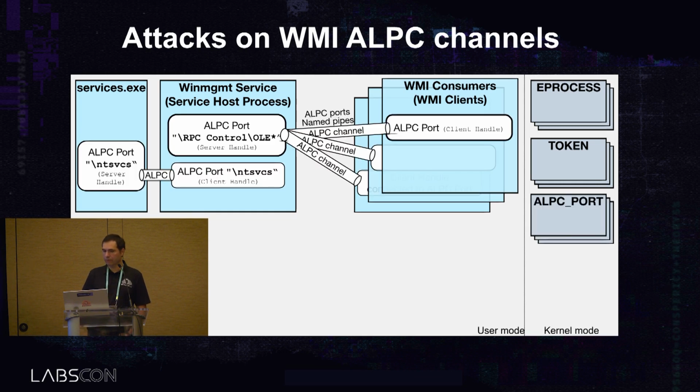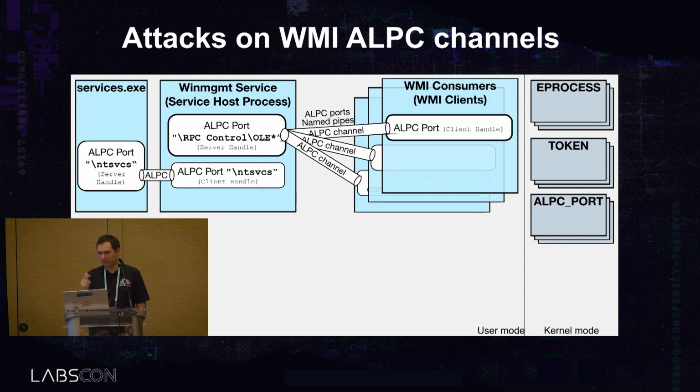So how does it work? From the services.exe perspective, a named connection port called NetSvcs is created by services.exe and waits for a request from the WMI service to connect.